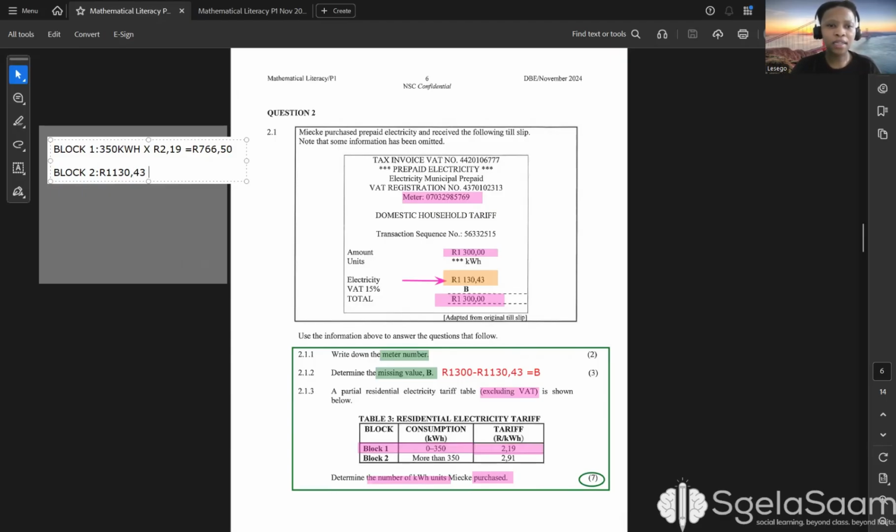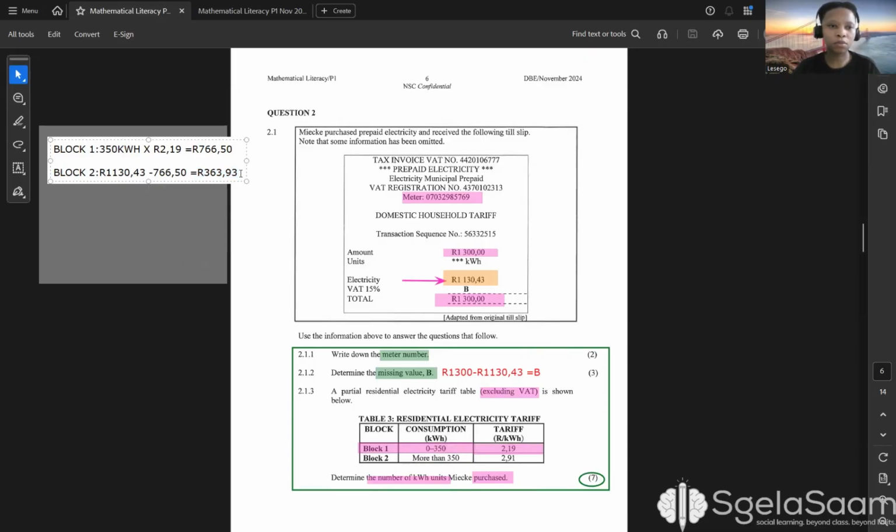All right, then we will minus the 766,50, which gives us 363,93. Okay, so this is the amount that we'll be using now.